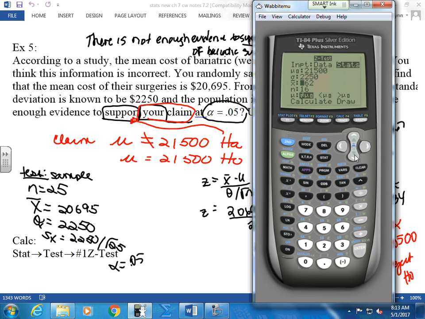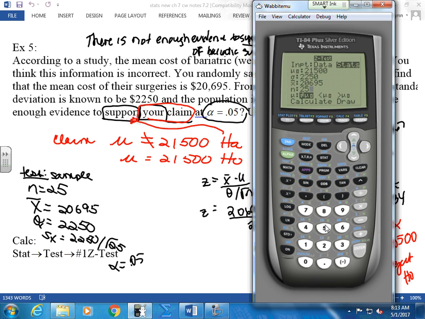Your sample mean came out to be 2695. Your n, how many did you sample? 25. Okay, now, your tail, these are the tails. The tails go by the HAs. Just follow whatever symbol this is.